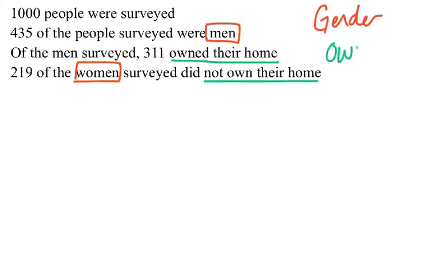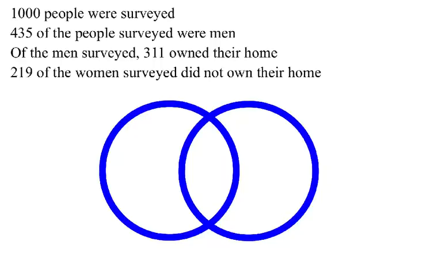So we can call that other category owning a home, because the opposite of owning a home is not owning a home. So since there's 2 categories, that means that there's going to be 2 circles. And those 2 circles need to be labeled with one option of each of those categories. So I chose gender of men and owning their own home.